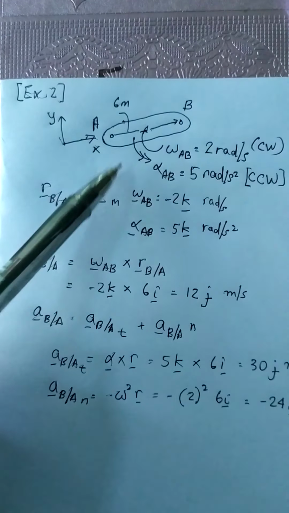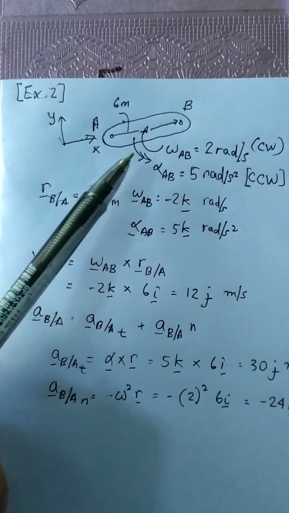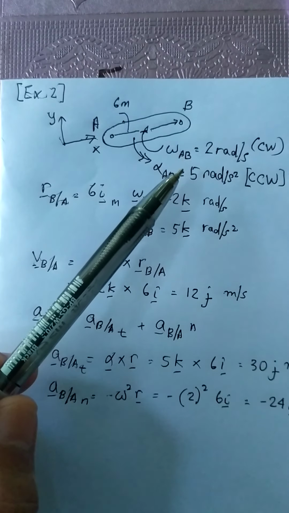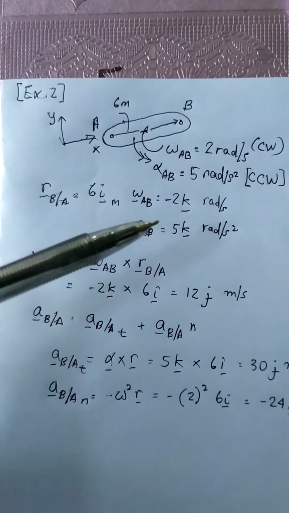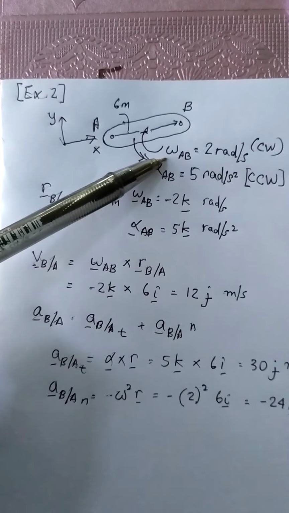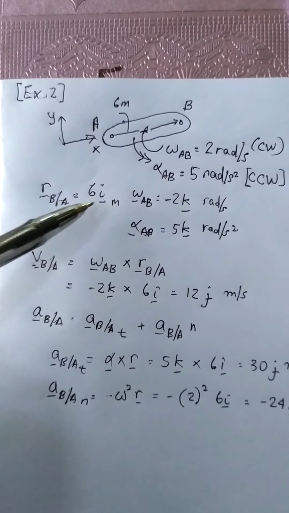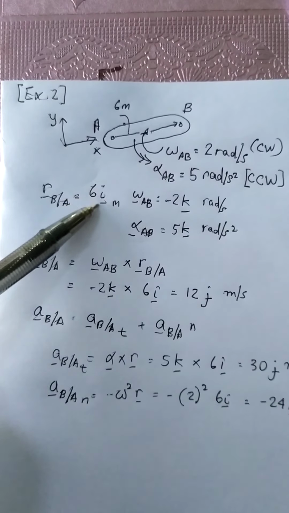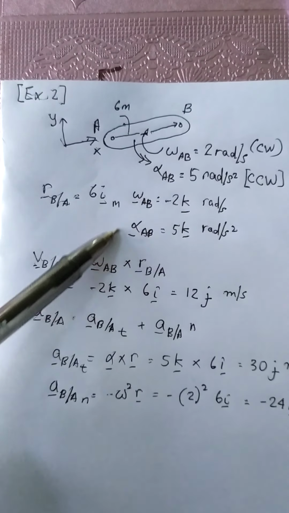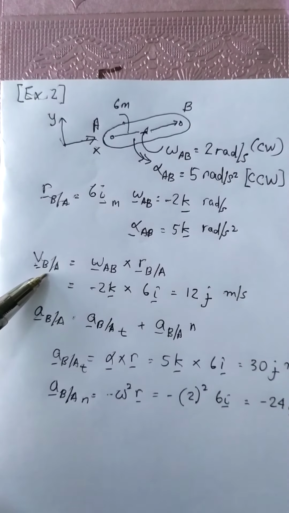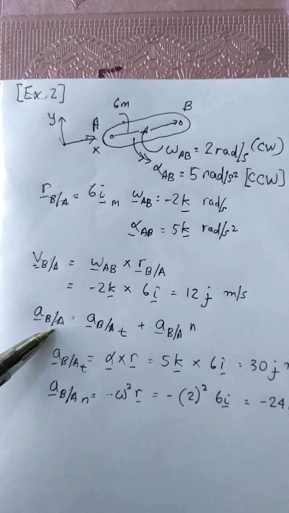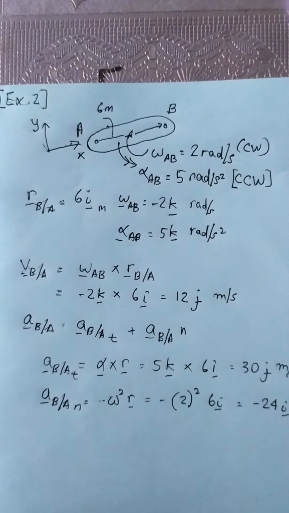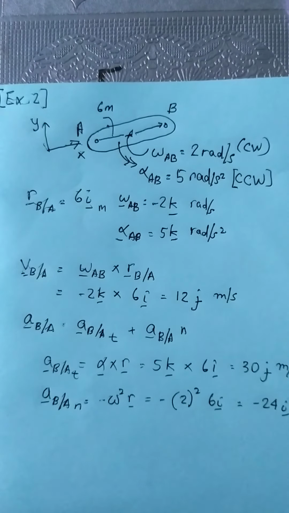After that, we know the position vector, and we represented the vector for the angular acceleration and also the angular velocity. We know the relative position of B relative to A, and then we find the velocity of B relative to A and the acceleration of B relative to A, and we can do the calculations related to the velocity.